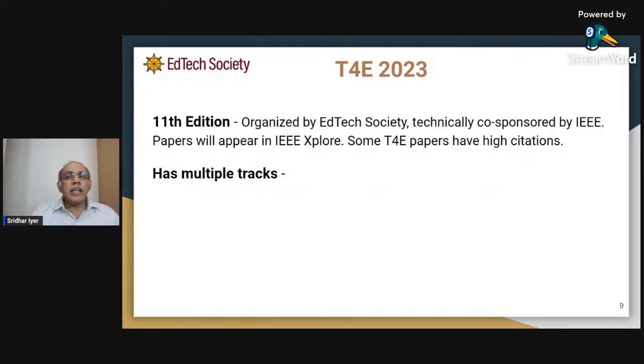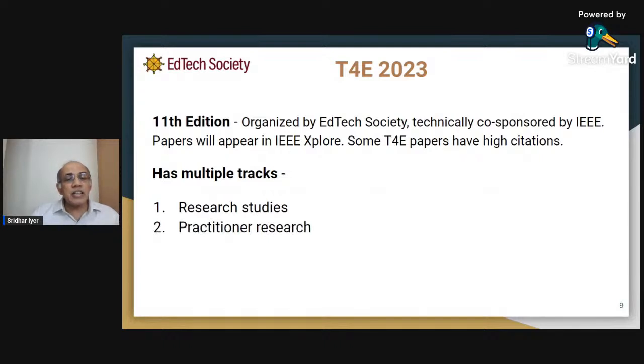So T4E 2023 has multiple tracks. The first track is research studies, wherein we report research activities conducted around experiments carried out either with tools or in classes.